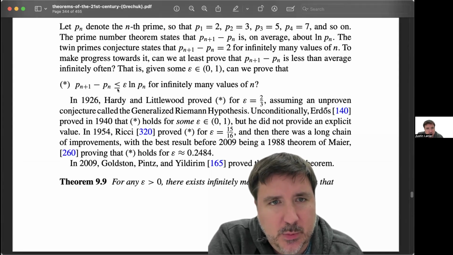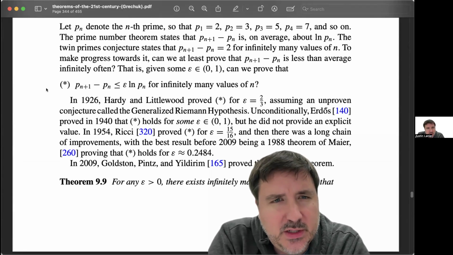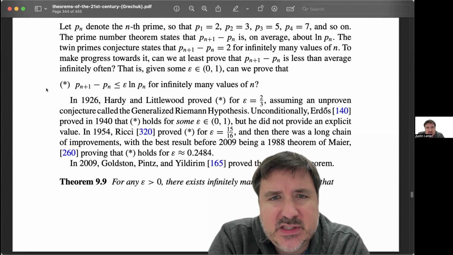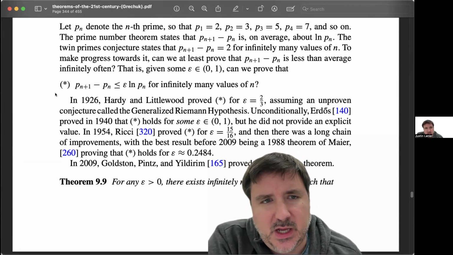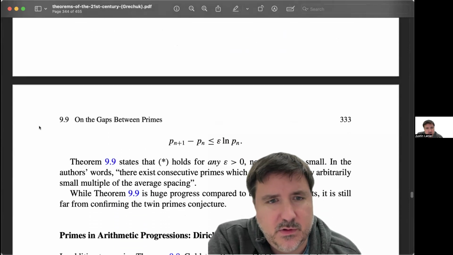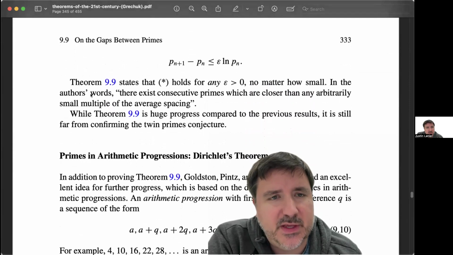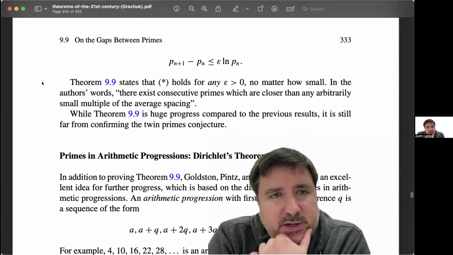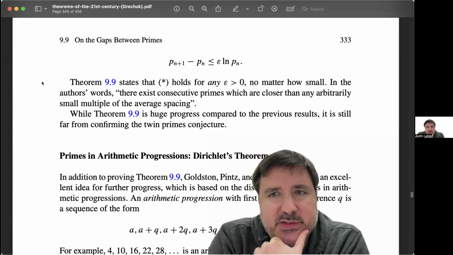And then you can make the statement different ways, when all these different people did star. I didn't even notice the star. For different values of epsilon, you do the star statement. Okay. And then the big theorem from the section, the thing we're trying to understand, is that star holds for any epsilon, no matter how small.